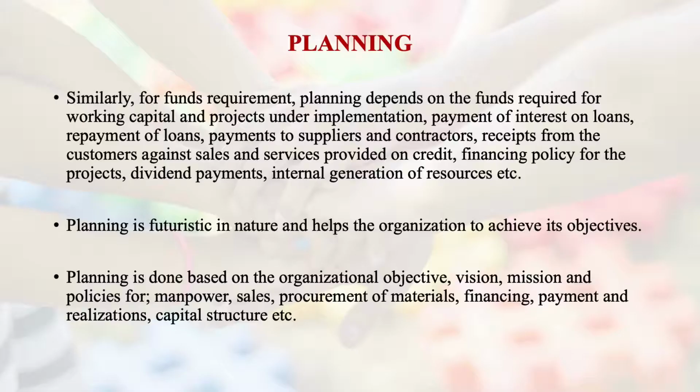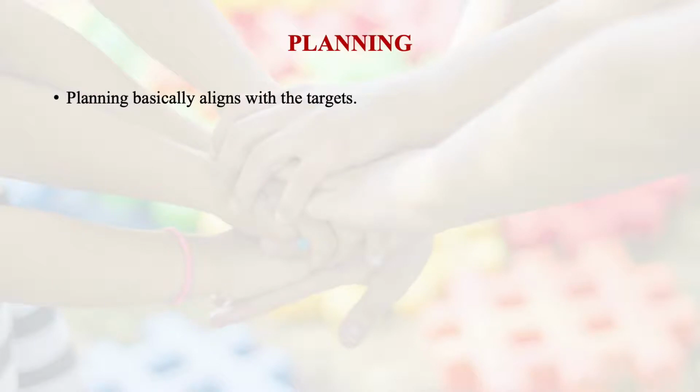Now coming to the second part of the process of management, which is how the organizing is done. So we'll take the planning is to be done on the organizational objective, vision, mission and policies for the manpower, sales, procurement of materials, financing, payment and realizations, etc. But it has to basically align with the targets.